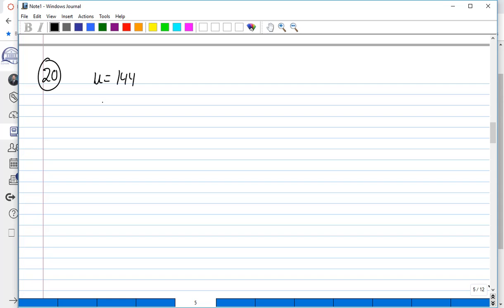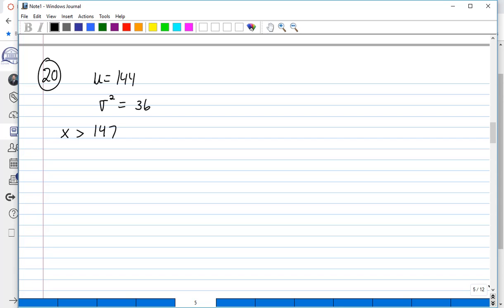We were also told that the variance, remember that's the standard deviation squared, was 36. Also, we were looking for the probability that the bearing, I'm going to call x, is greater than 147. All those are very important.